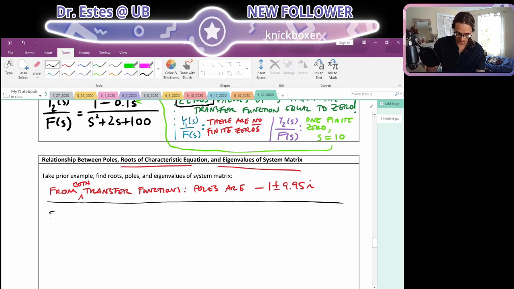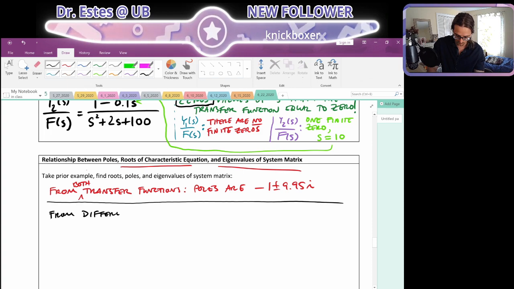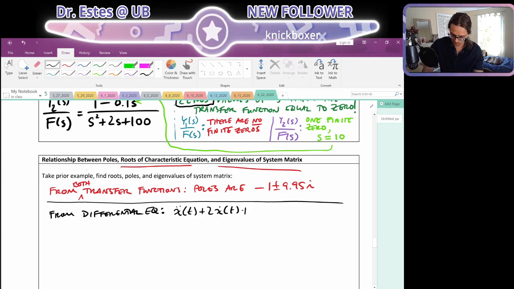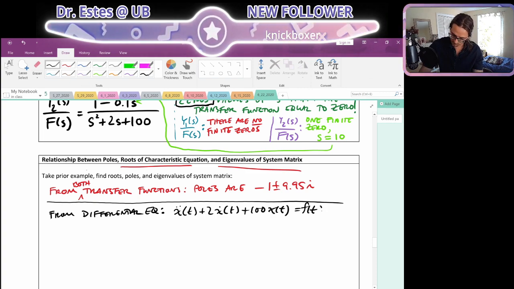Now, where did we get this? We started with a differential equation. It was x double dot of t plus 2x dot of t plus 100x of t equals f of t.